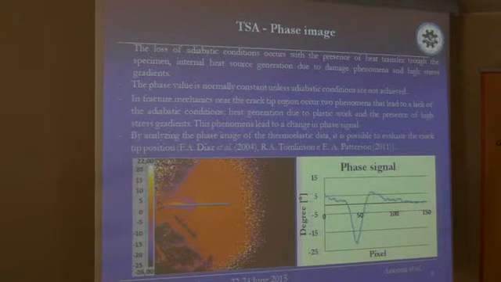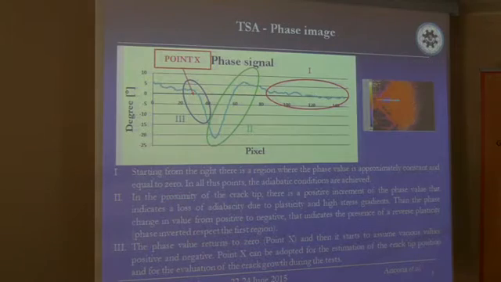Analyzing the phase image of the thermoelastic data, it's possible to evaluate the crack tip position. It's possible to highlight three particular regions on the phase signal plotted. Starting from the right, there is a region in which the phase value is approximately constant, and in this region the adiabatic conditions are achieved.